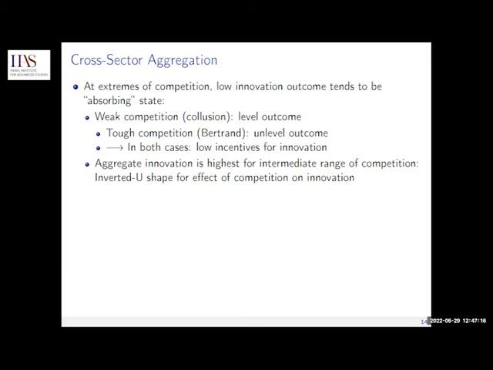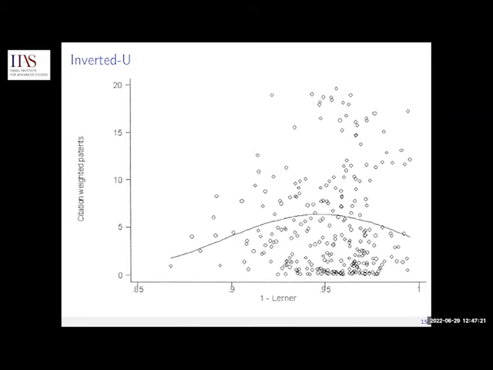Now, they have this empirical evidence for British firms. As a measure of competition, they have the Lerner index, which is a measure of markups, and they look at innovation in terms of patents. And you can see that there is this pattern for the inverted U.